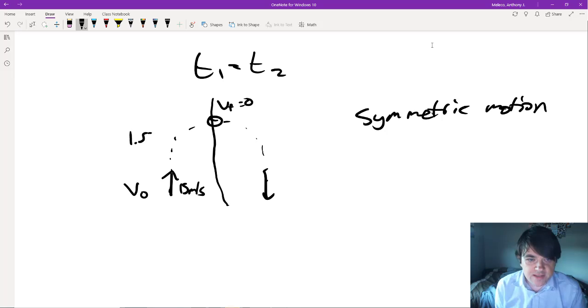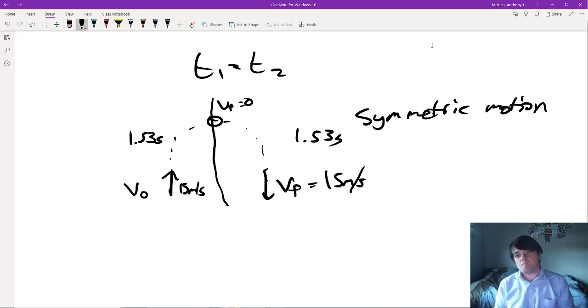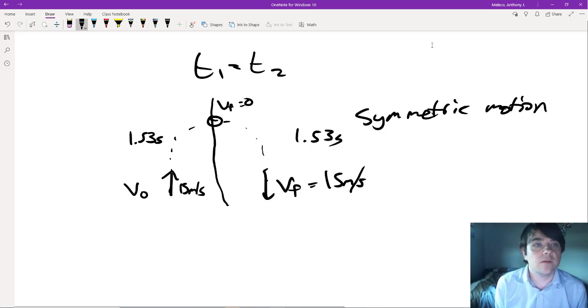And this takes the same amount of time as this, meaning our v final that we quote-unquote didn't know before is also 15 meters per second. And so if we had just done that and plugged that in, we would have got 1.53. But we did not because, I told you we didn't, right?